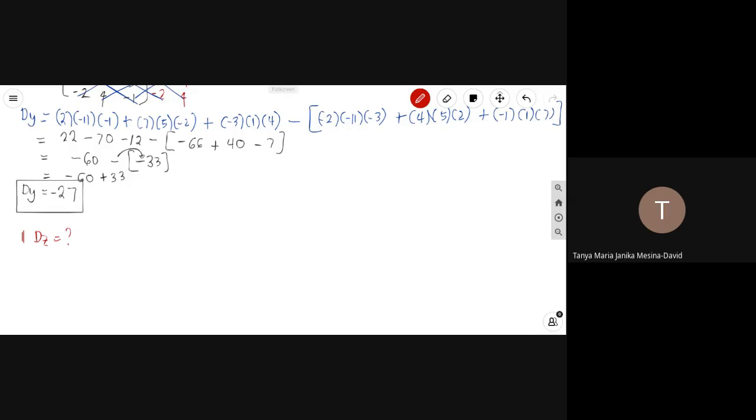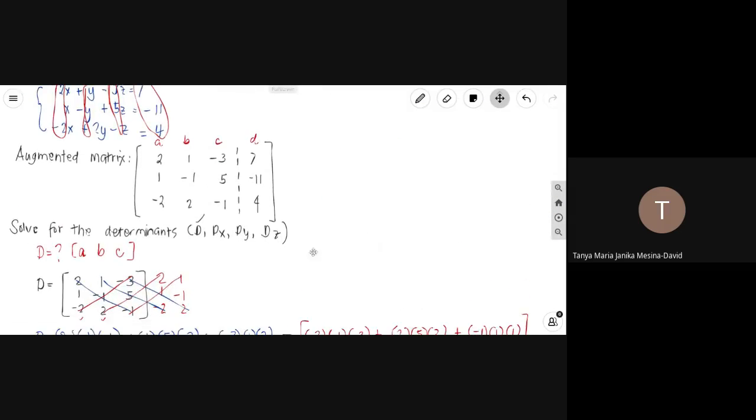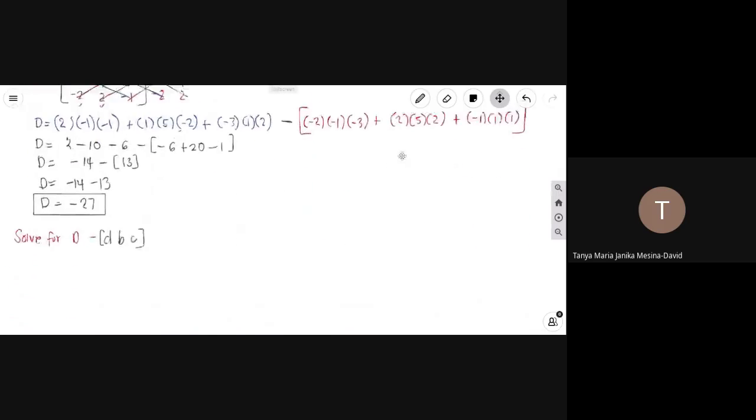And in order for us to solve Dz, we have to cover the C part because it's the coefficient of z, and then replace the column of C with the numbers in D. Therefore, our pattern will be A, B, D. So let us copy the columns A, B, D. A is 2, 1, negative 2.